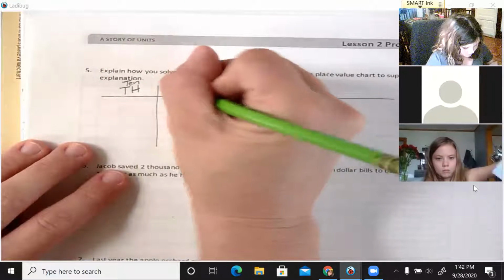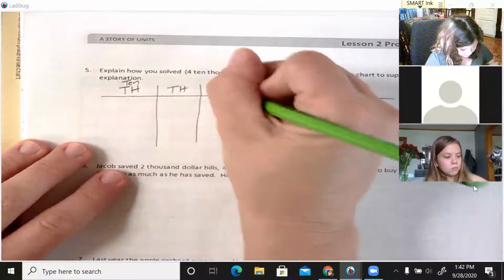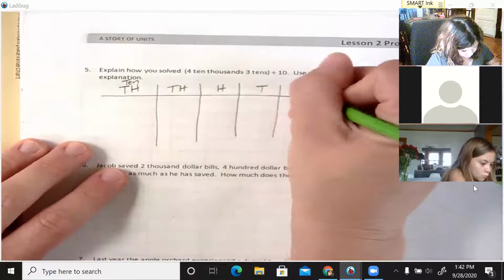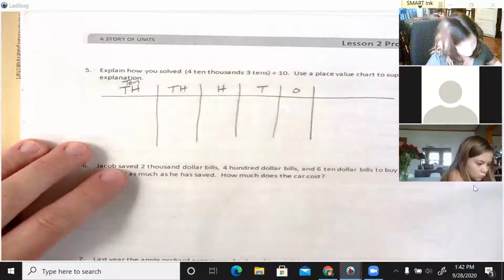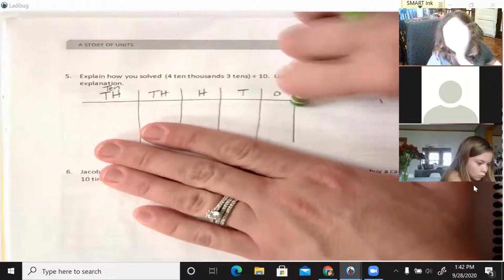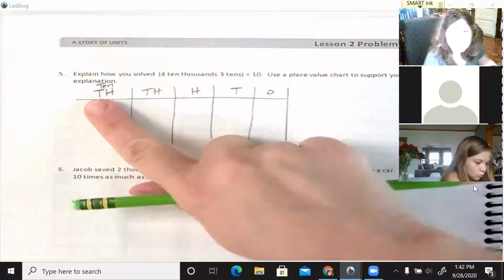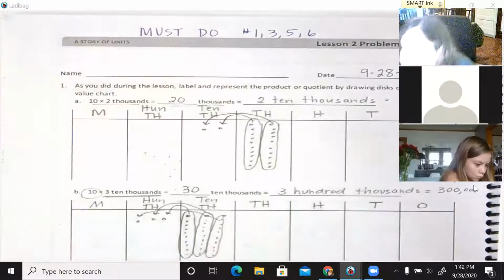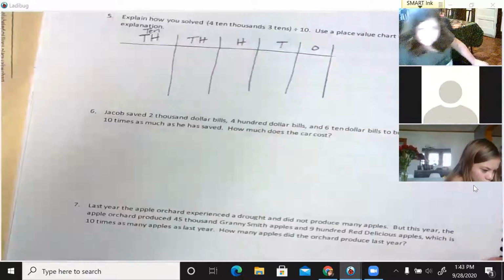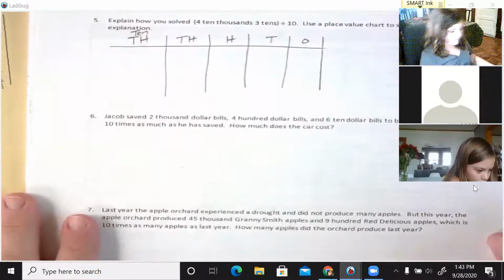Then we need thousands, hundreds, tens, and ones. And that leaves us some room to do our explanation. So this question is the same one that's on page 3, but we just have to do an explanation. So we'll just start here and then go back and record it.